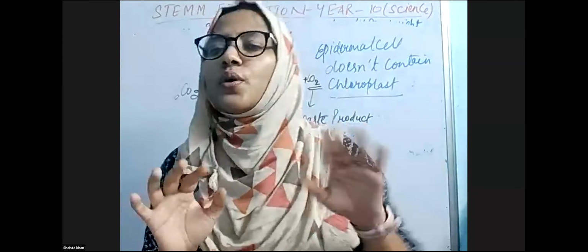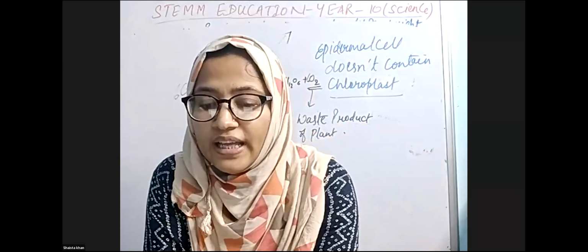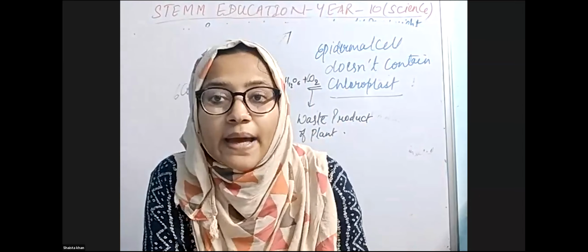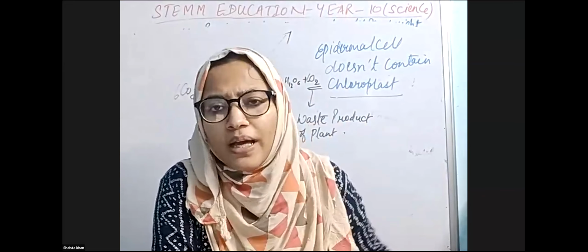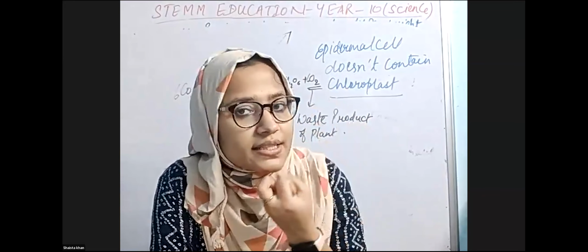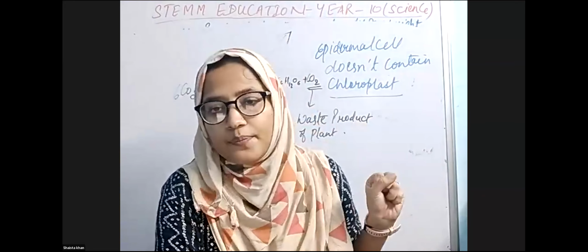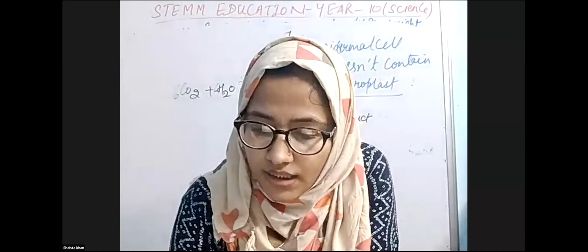So it allows sunlight to penetrate to the mesophyll layer. Because the epidermal cell has no chloroplast, when sunlight comes to the leaf, it penetrates inside the mesophyll cells. Okay? You get it? Yes, miss.